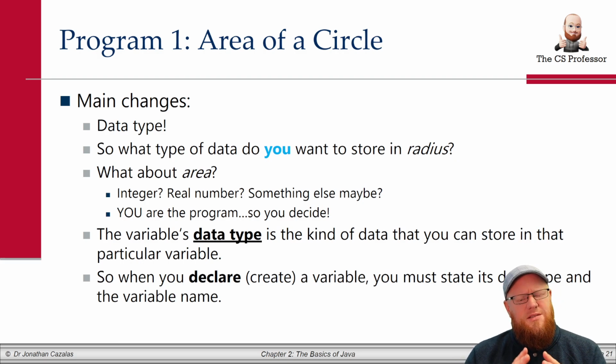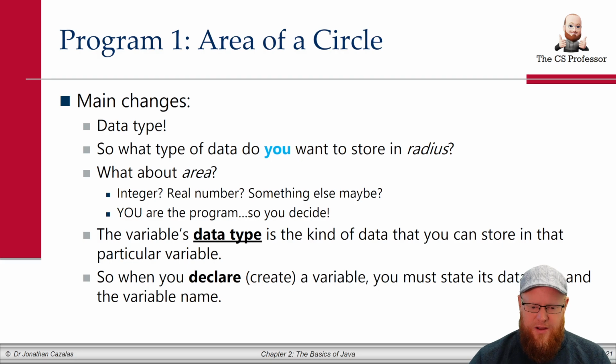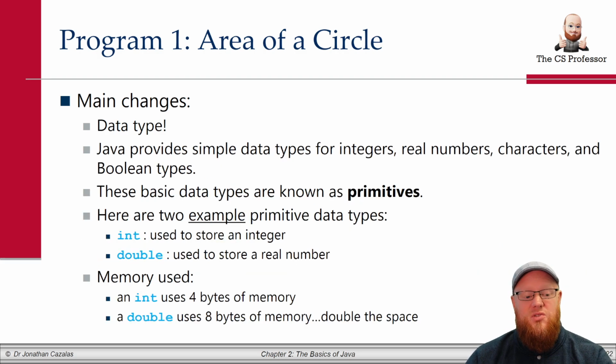So these are the data types that we recognize we need. The variable's data type is the kind of data that we want to store inside that variable. And in Java, when you declare a variable, you have to state its data type as well as the variable name. Now, Java gives us many basic data types for your standard values that we'll need to store, whether that be integers, real numbers, characters, even Boolean values.